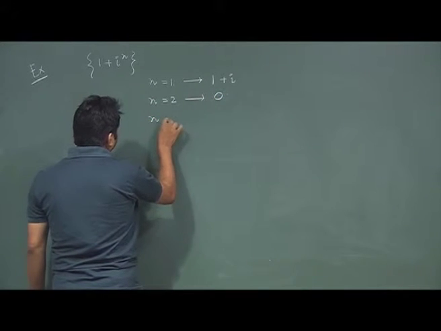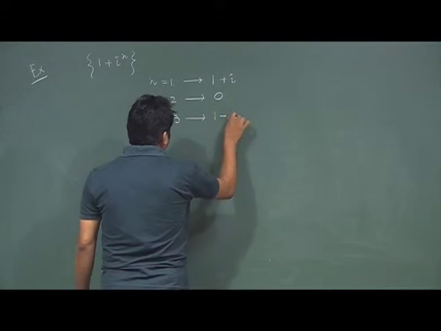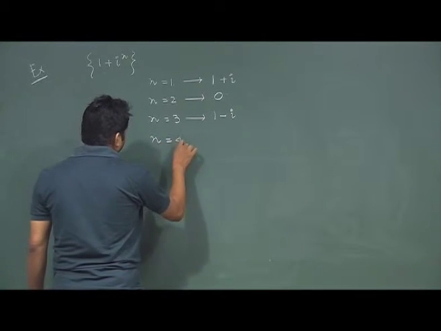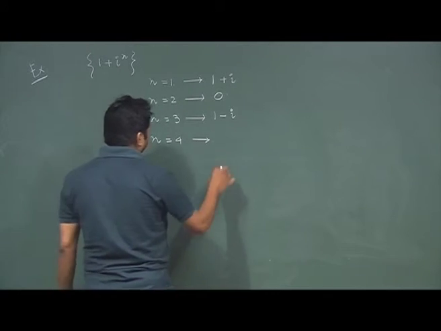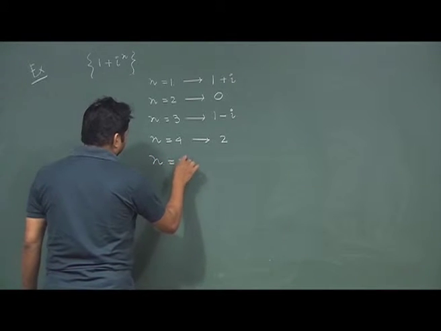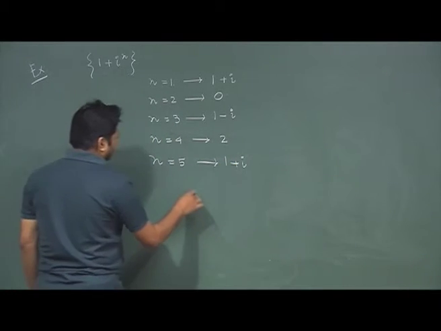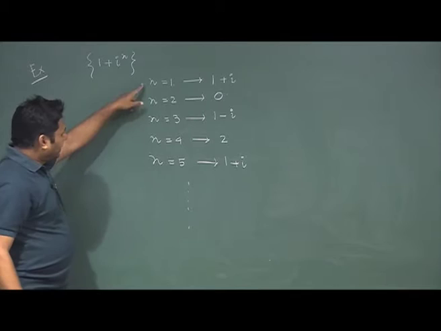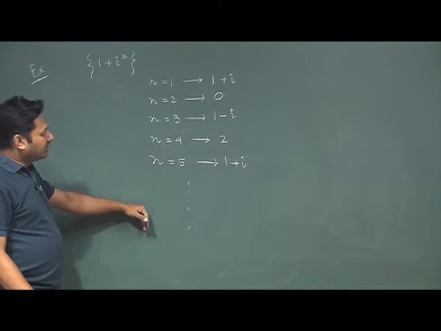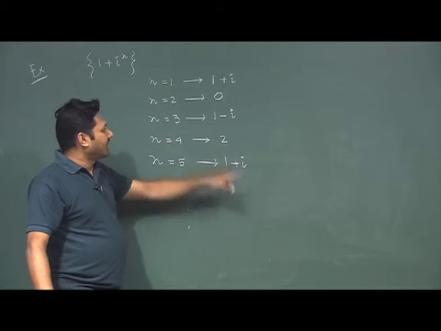When n is equal to 3, I have the number minus 1 plus i. When n is equal to 4, I have minus 4, and when n is equal to 5, I have another number, and so on. So I am changing n through 1, 2, 3, up to 10, and as a result what I am getting are these numbers, which I call the sequence.